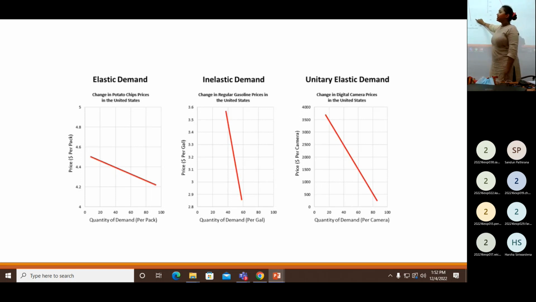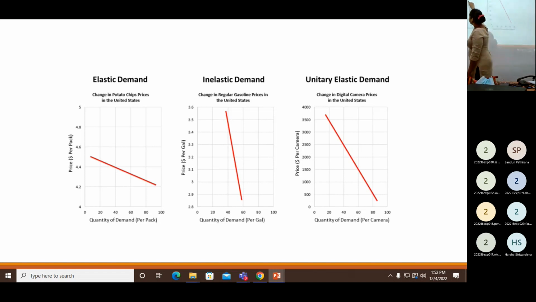Then comes the inelastic demand, right? Inelastic demand will have a very steep curve. It's closer to that vertical demand curve which you saw earlier. Here, for a certain change in price, quantity demanded responds very slightly.